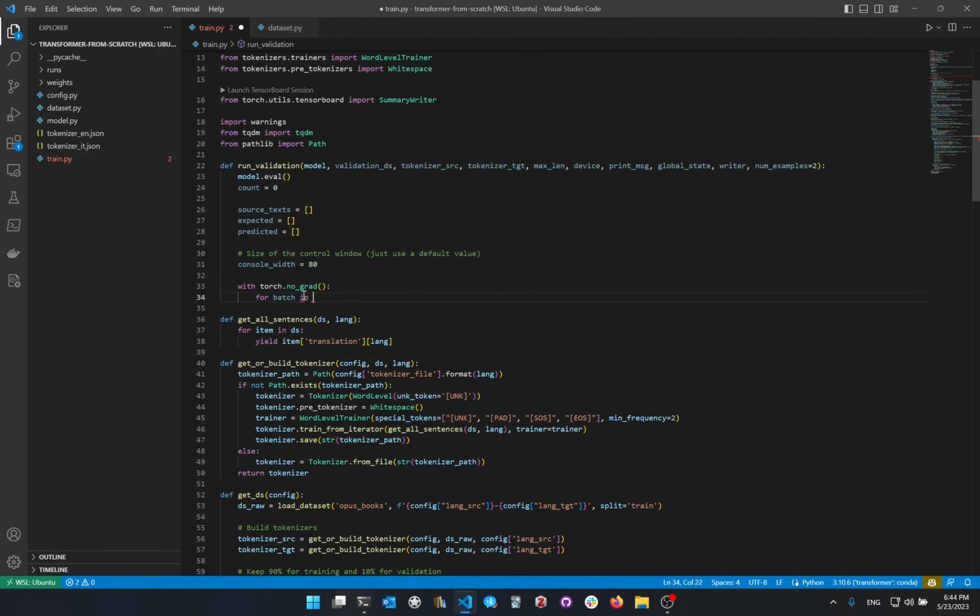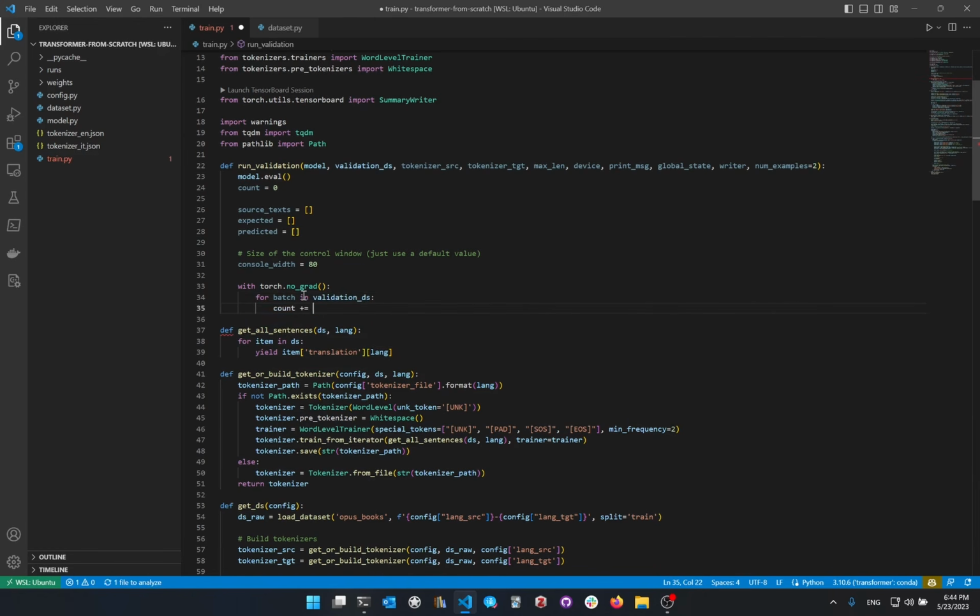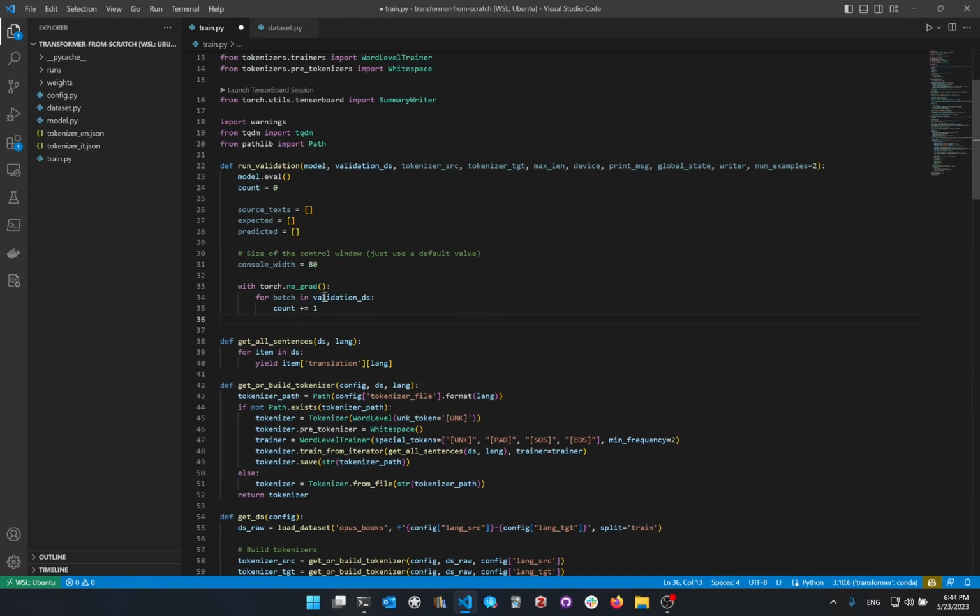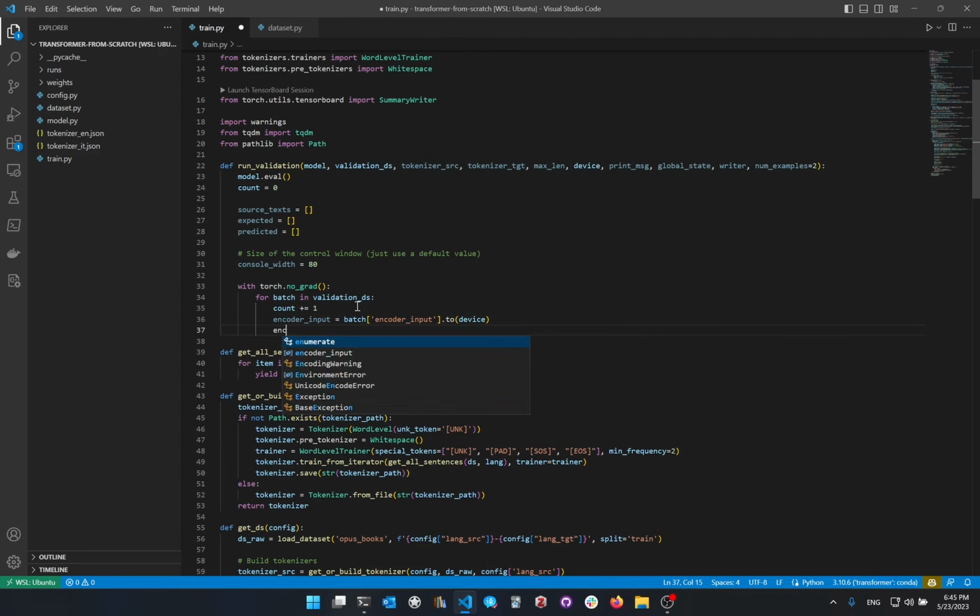So let's get a batch from the validation dataset. Because we want to inference only two, we keep a count of how many we have already processed. And we get the input from this current batch. I want to remind you that for the validation DS we only have a batch size of 1. This is the encoder input, and we can also get the encoder mask.